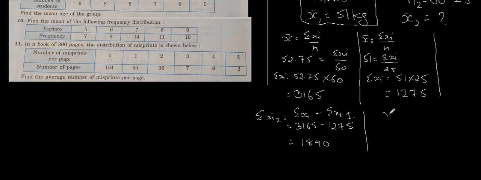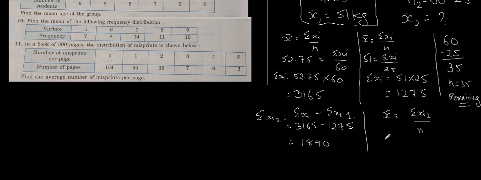So here x bar is equal to sigma xi 2 upon the number of remaining students. The total number of students were 60 and 25 students are already given to us, so the remaining students are 35. So here n is equal to 35. So x bar is equal to 1890 upon 35.